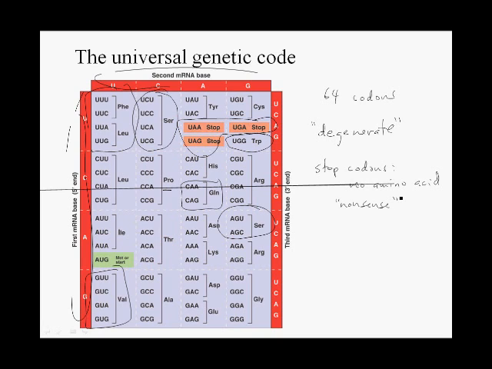And I'm sure Georgia Tech students will have no trouble remembering that UGA is one of these nonsense codons. The cell actually uses these nonsense codons to signal termination of translation. This is where translation terminates.